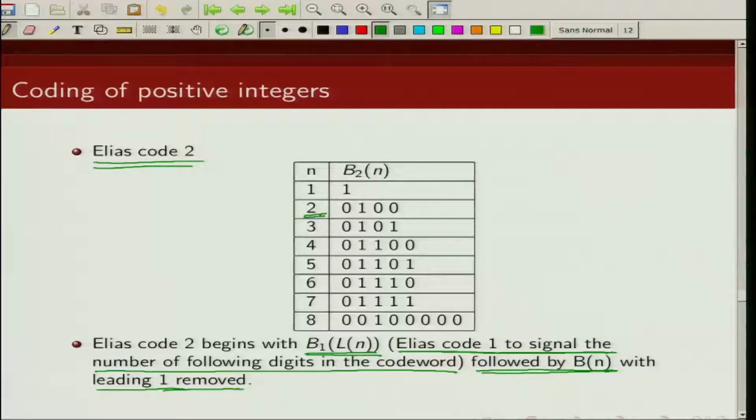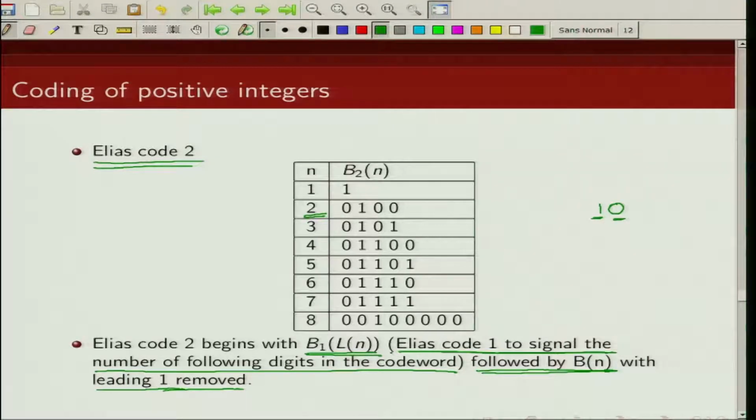So let us take an example. Let's take n equal to 2. So what is the binary representation of 2? That is 1 0. Correct? Now how many digits are there in 2? That is 2. So in Elias code 2, we are going to use Elias code 1 for the number 2, because binary representation of 2 requires 2 bits.